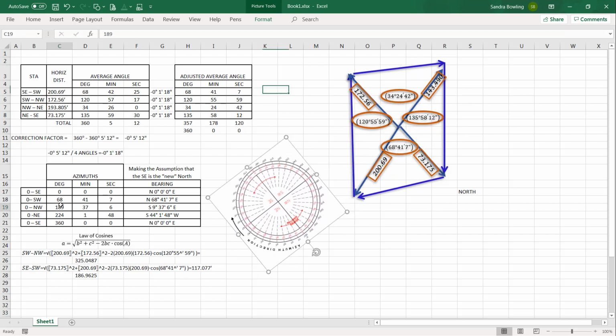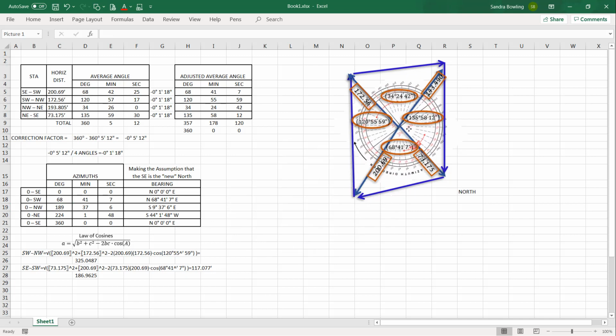So I take 189 degrees, 37 minutes and 6 seconds, and I subtract 180 degrees because you can see when I hover, when I put this over here, this line right here is 180. So I'm just a little shy of turning that 180.